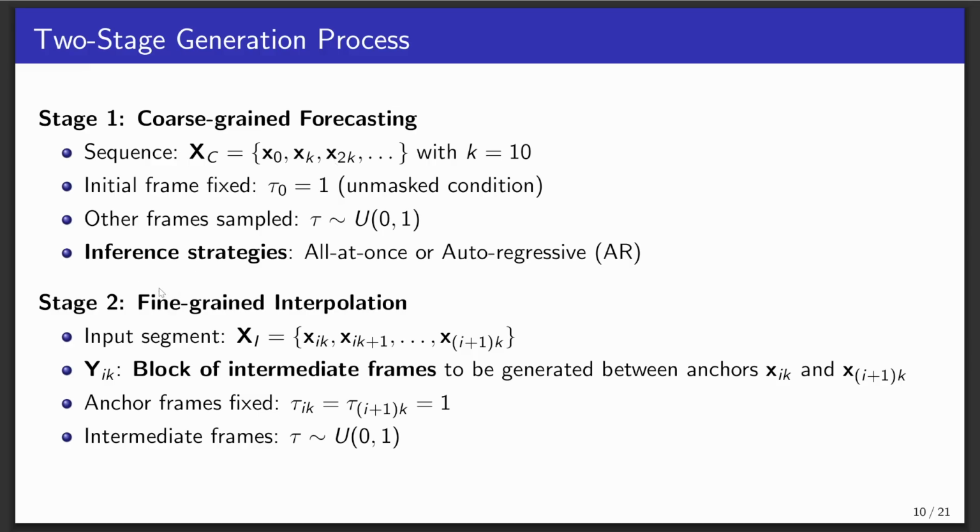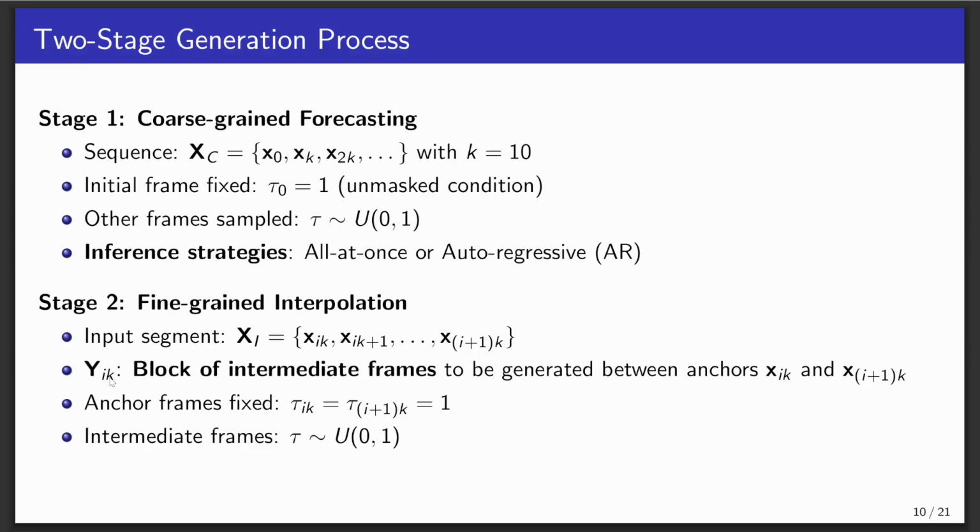Stage 2 is the fine-grained interpolation. Here, the input segment is xi, which contains the 10 frames between xik and x(i+1)k. Here, y is the block of intermediate frames to be generated between the two anchors.